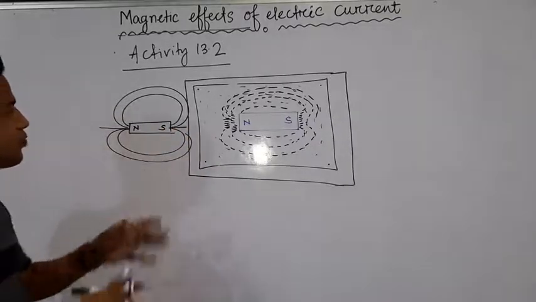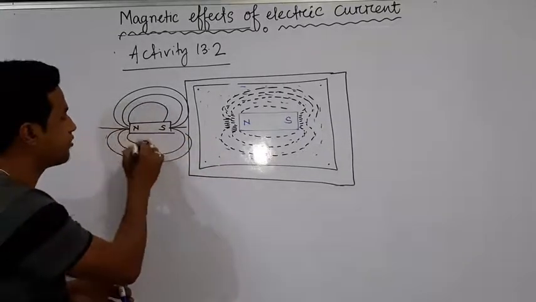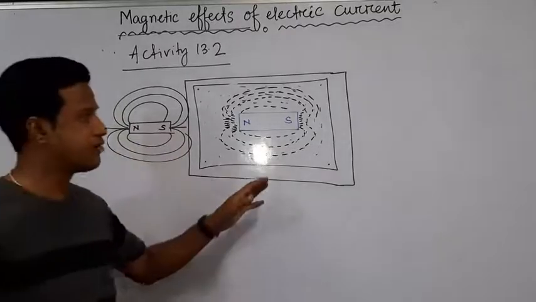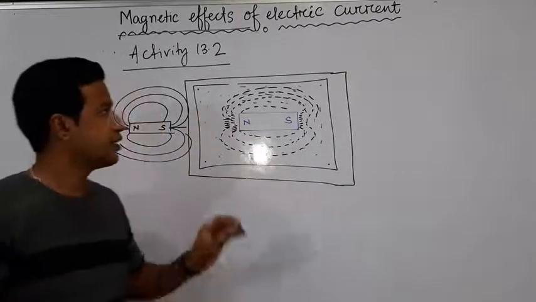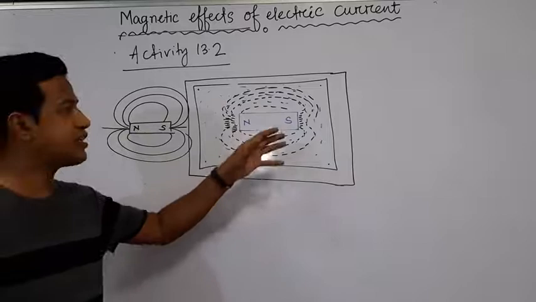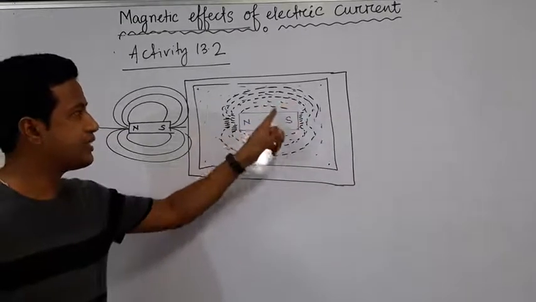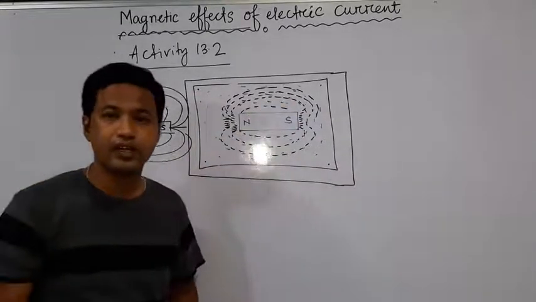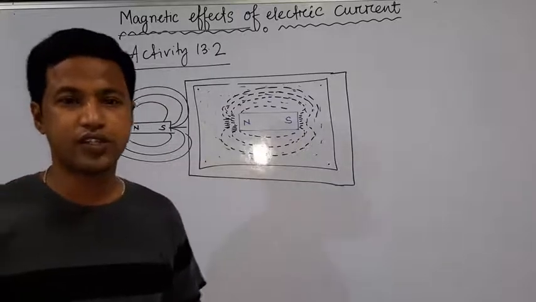You will find this kind of small image in this activity. From this activity we found that the bar magnet creates a magnetic field around it, and these are the magnetic field lines. So this is the first activity.